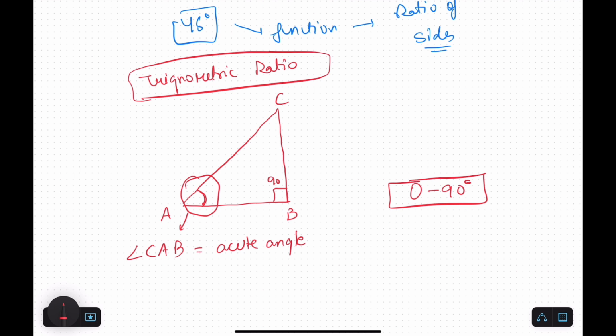So if I ask you, for example, if it would be an imaginary triangle, so this would be the height, right? And if you look closely, they are facing each other. They are opposite to each other.